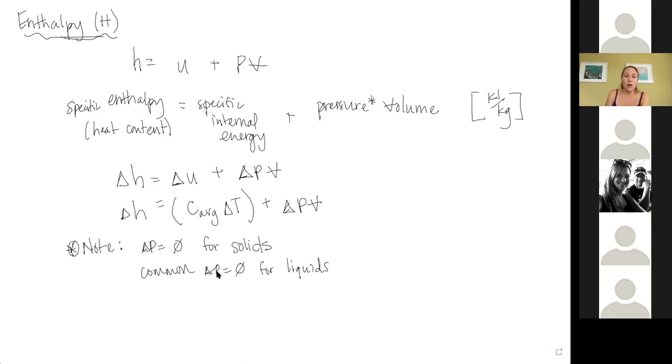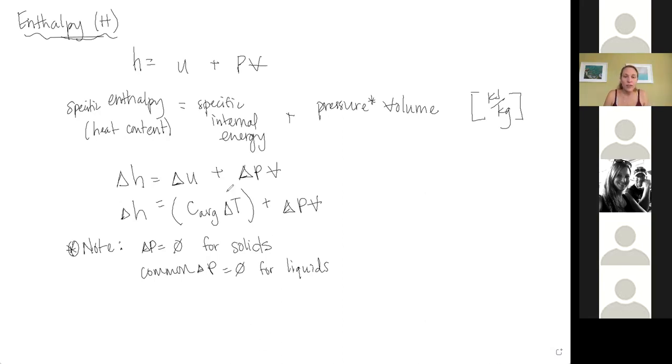But for right now, your change in pressure can also be 0 for many common liquid questions. This is kind of analogous to what we were doing on Friday, where if you don't really have any pressure drop, especially for air blowing through a fan or liquid running through a turbine, you don't have this pressure term for a lot of basic liquid and solid systems.